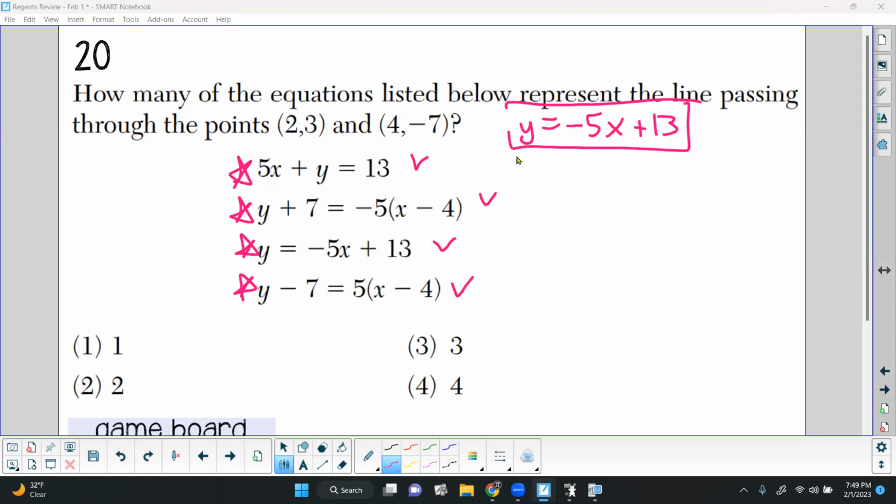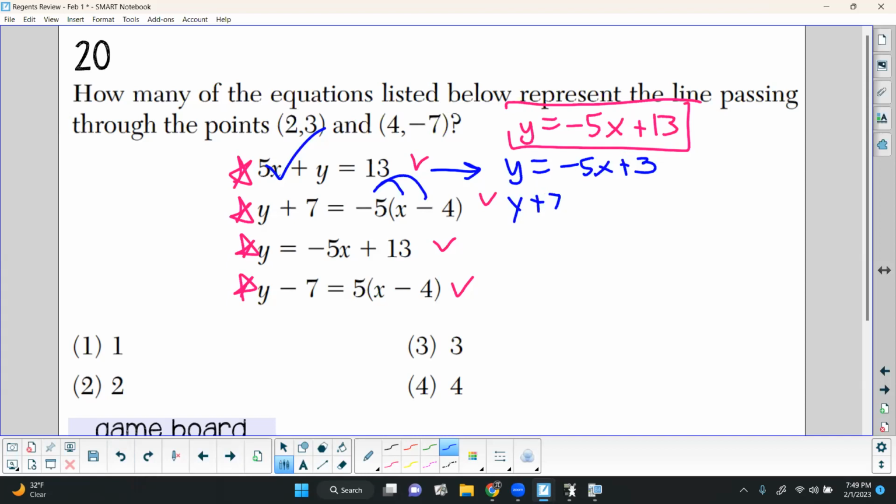I got some more responses coming in now. Hopefully you're understanding how you can attack this problem a little bit better. I'm going to start manipulating this first one here without writing each step, -5x, -5x. So yes, this first one is a match. The second one requires a little bit more work. Y plus 7, oops, sorry about that.